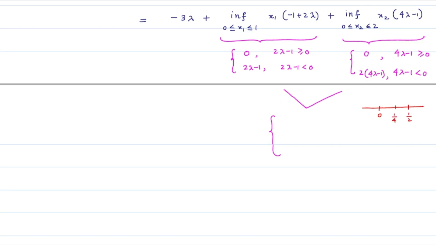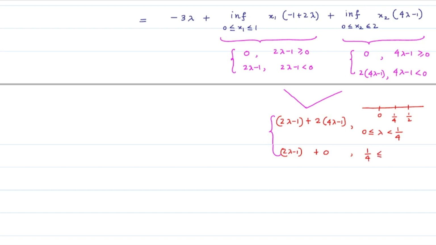If we consider lambda in between 0 and 1/4, then we see that this expression is given by 2 lambda minus 1 and this expression will contribute 2 times 4 lambda minus 1 when lambda is in between 0 and 1/4. Now in between 1/4 and half, this expression will give us 0, but this expression will give us 2 lambda minus 1.